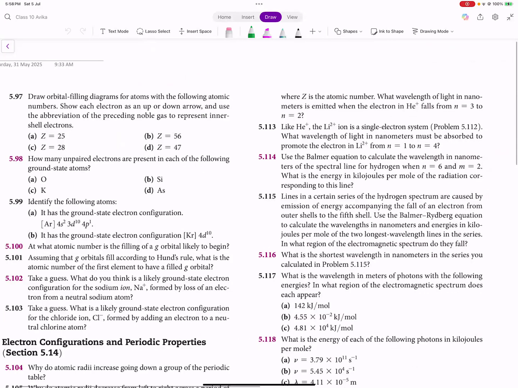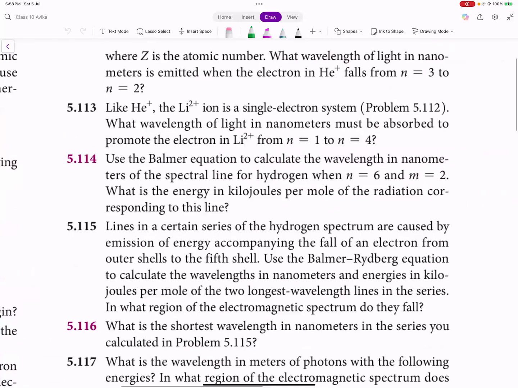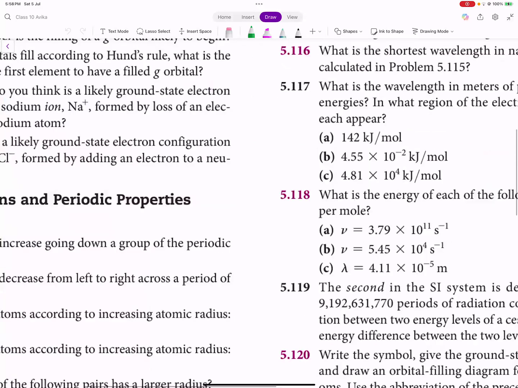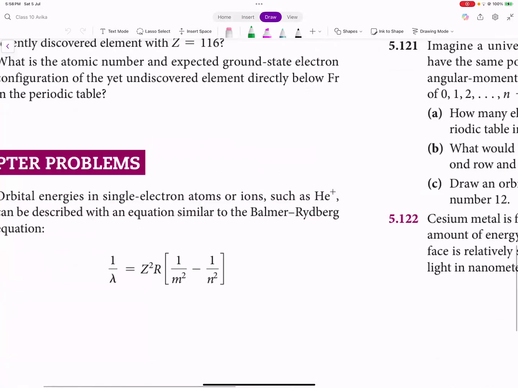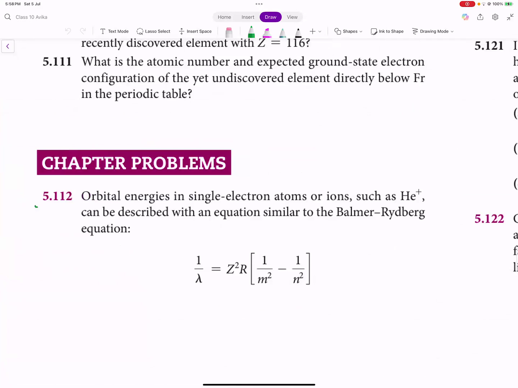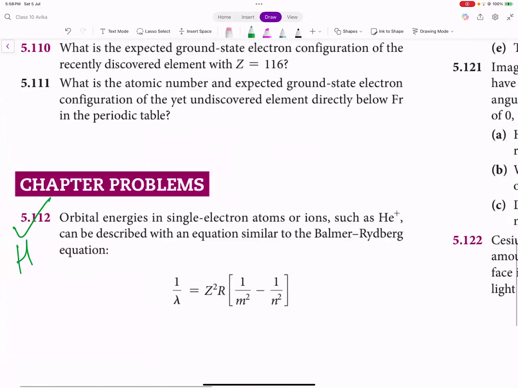And the same thing, you see. So you can do these 5.112 and send me.